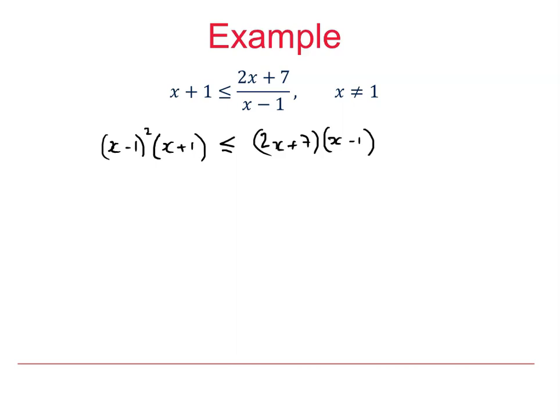We can now subtract the right hand side from the left hand side. We get x minus 1 all squared, x plus 1 minus 2x plus 7 multiplied by x minus 1 must be less than or equal to 0.